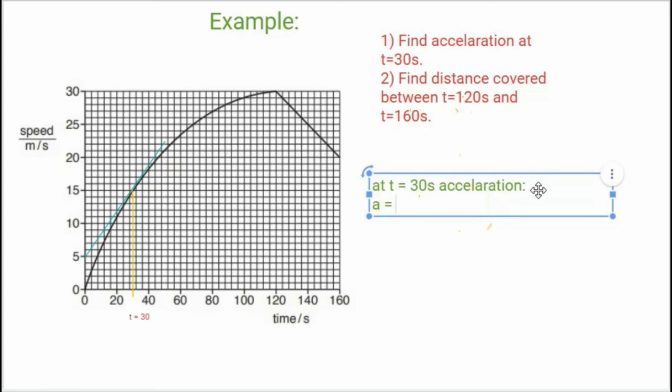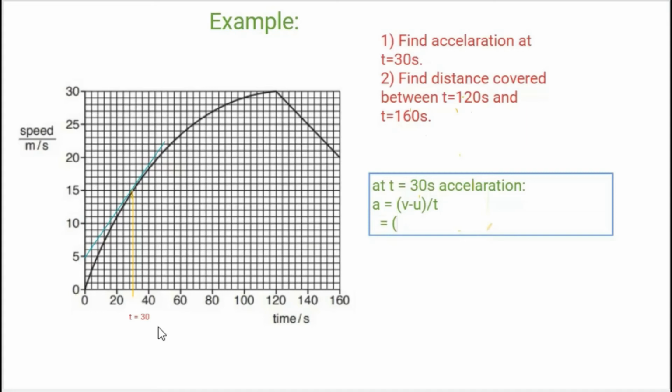Okay. So acceleration will be v minus u all over time. So that will be v, the final velocity. Sorry, I've chosen 15 because we chose the 2 points, 15 and (0, 5), right?